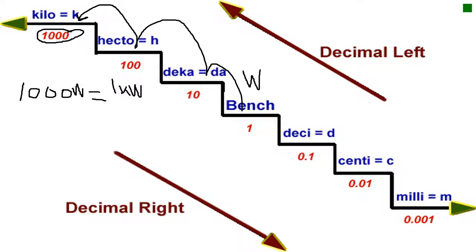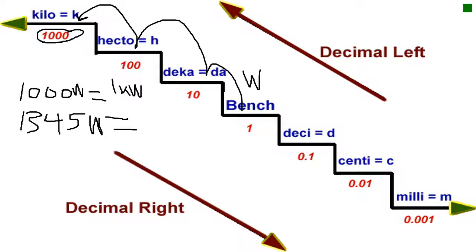Let's say we have 1,345 watts, and we want to convert that to kilowatts. We're going from watts, 1, 2, 3, to kilowatts.